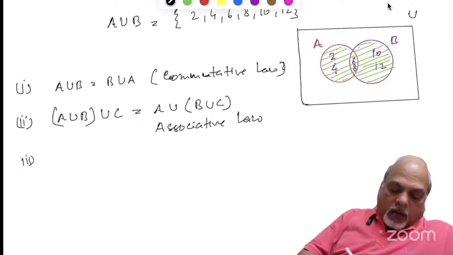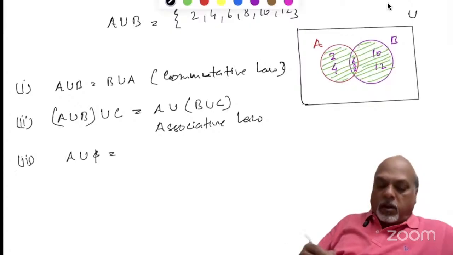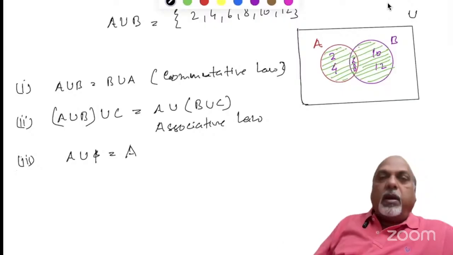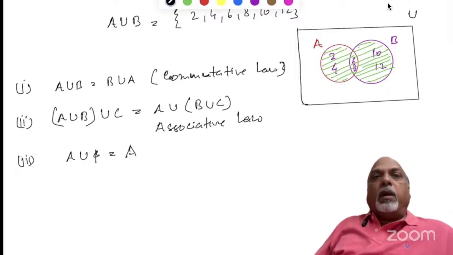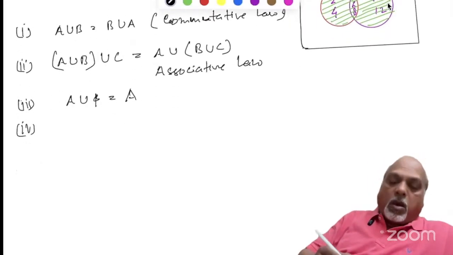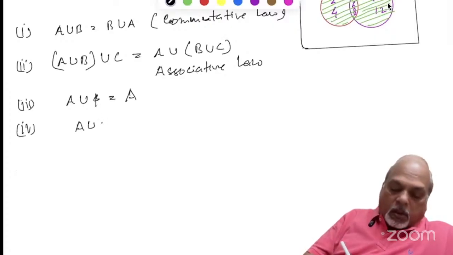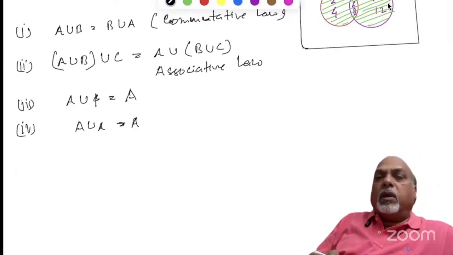Now, third one, A union phi. Phi has no element, but A has elements. Correct. So this is nothing but A only. Then what about A union A? This will be A only, because all the elements of A will be in A union A also.